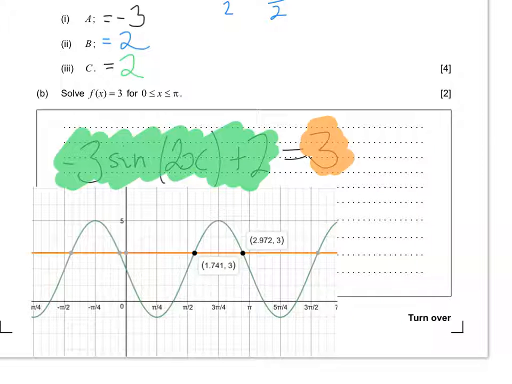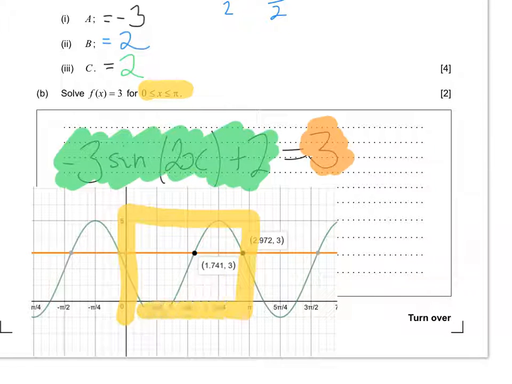We're only supposed to be working in the region from 0 to pi. There's more solutions than the ones I've highlighted, but we're only looking in this region here. And you can get your calculator to tell you, and you can see that I've got Desmos to do it for me there. X is equal to 1.741 and X is equal to 2.972.